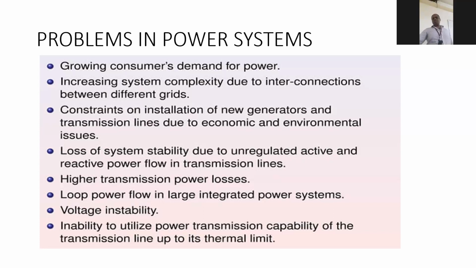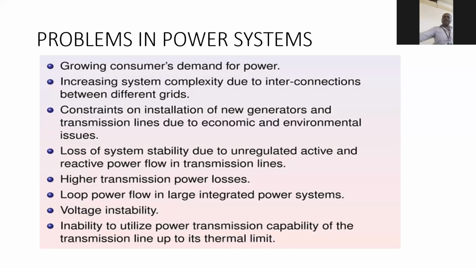What are the things we need to take care of? First, the growing consumer demand for power, because nowadays everything is run by power, and electric vehicles are the future. Then there is increasing system complexity due to interconnections between different grids, which also causes connection variations, loss of active and reactive power flow in transmission lines, which demands a responsive approach, and higher transmission power losses as connections are moved from one system to another.